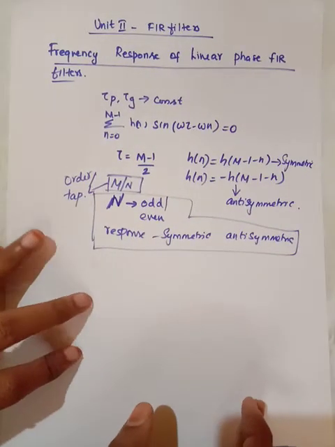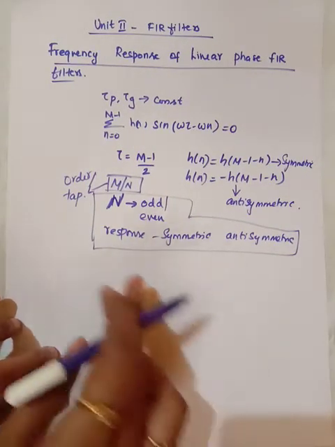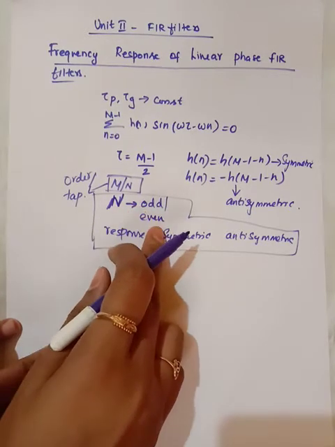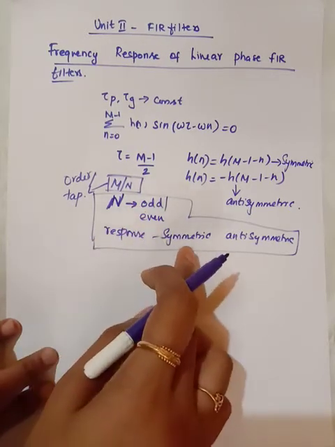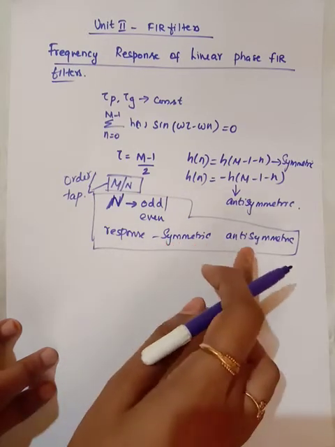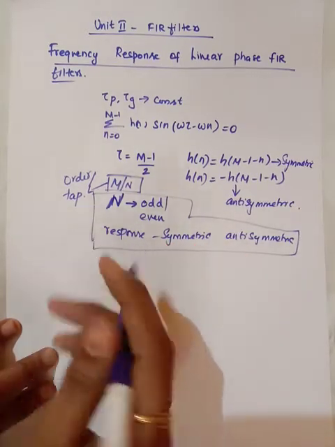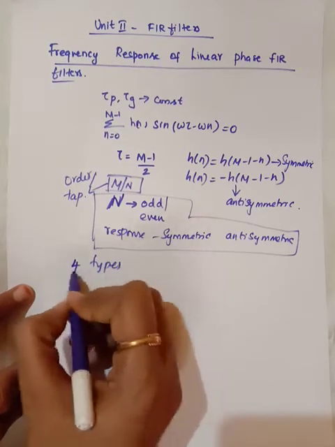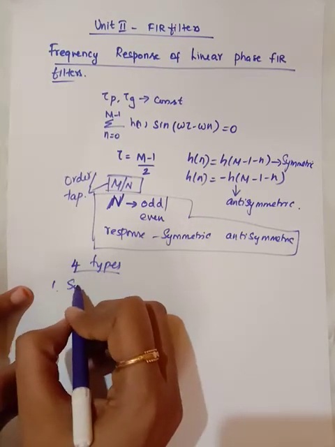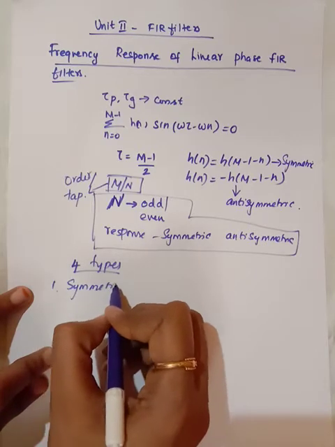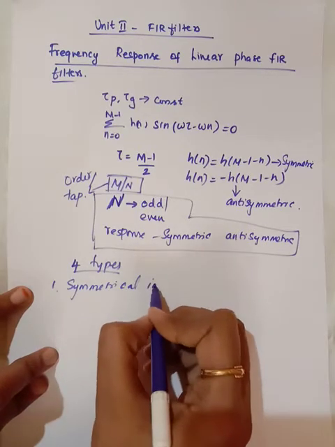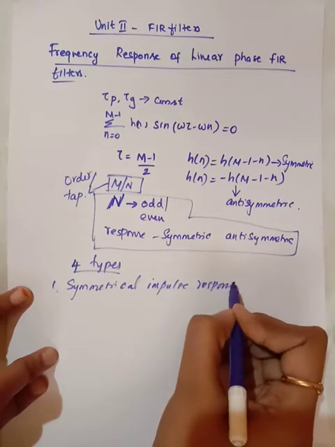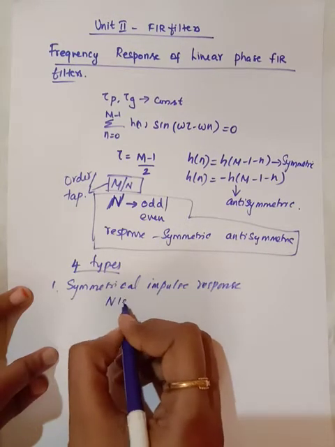Now we will see, depending upon the value of N, whether it is odd or even, and the type of symmetry of the filter, whether it is symmetric or antisymmetric, these linear phase filters are divided into 4 types. First is the symmetric impulse response when N is odd.